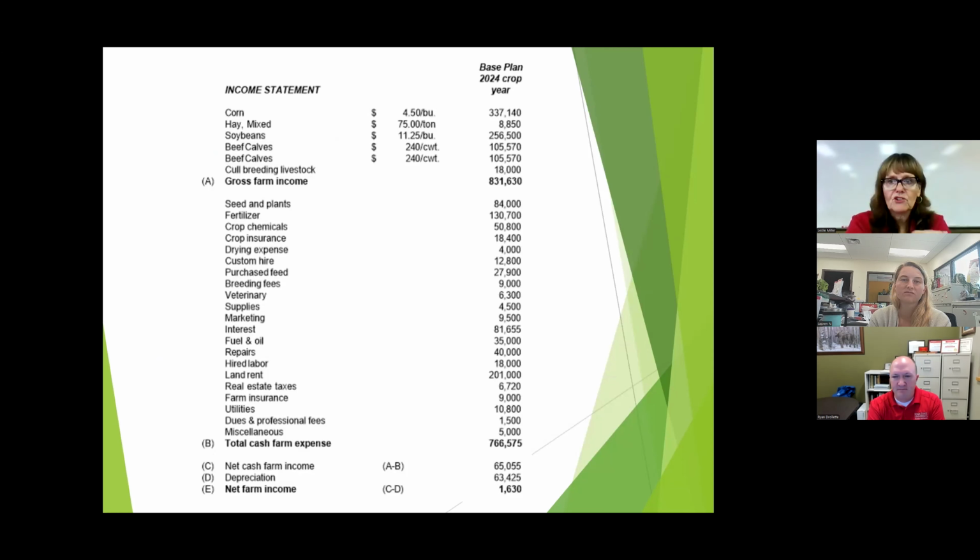If you look at the second page of your handout, you'll see this income statement. And it's really an accrual-based income statement because of the way I've put this information in. We're selling our corn at $4.50, our soybeans at $11.25 on the average, which is only going to happen if somebody forward contracted some crops. Again, we've got $4 corn and $10 soybeans at Eddyville and ADM and Des Moines.